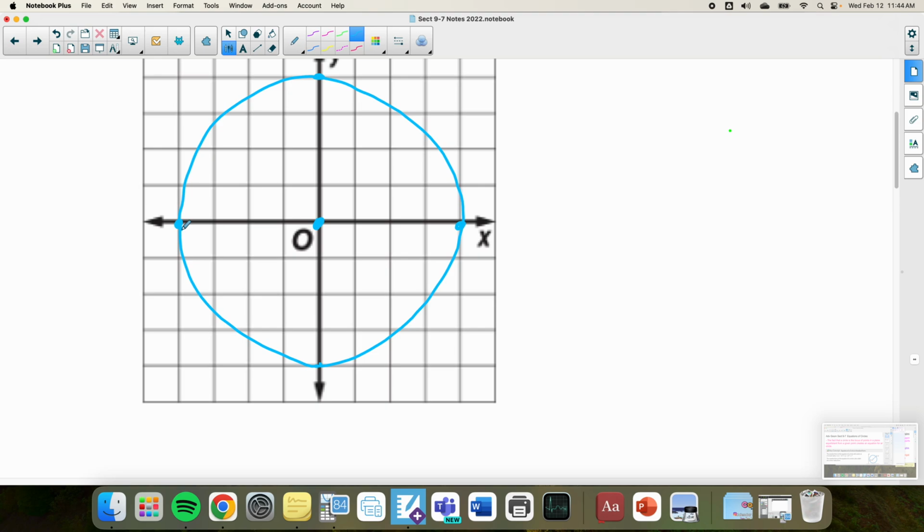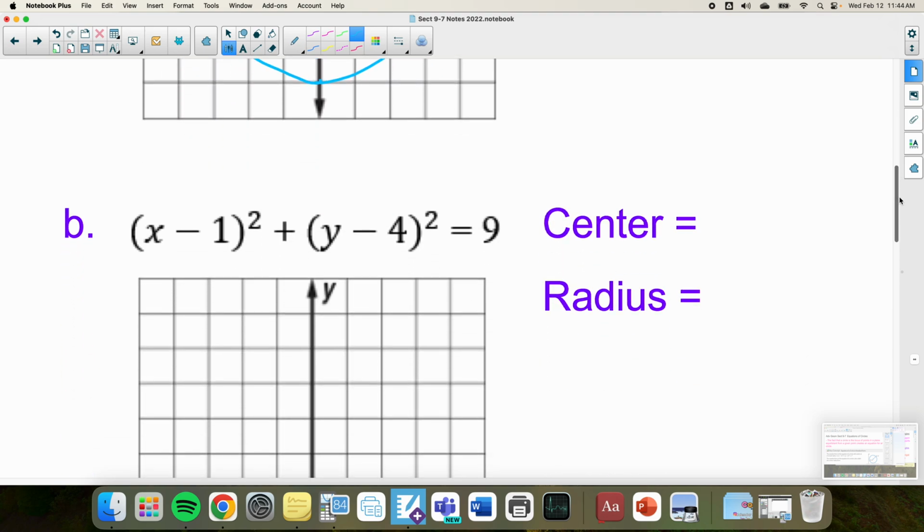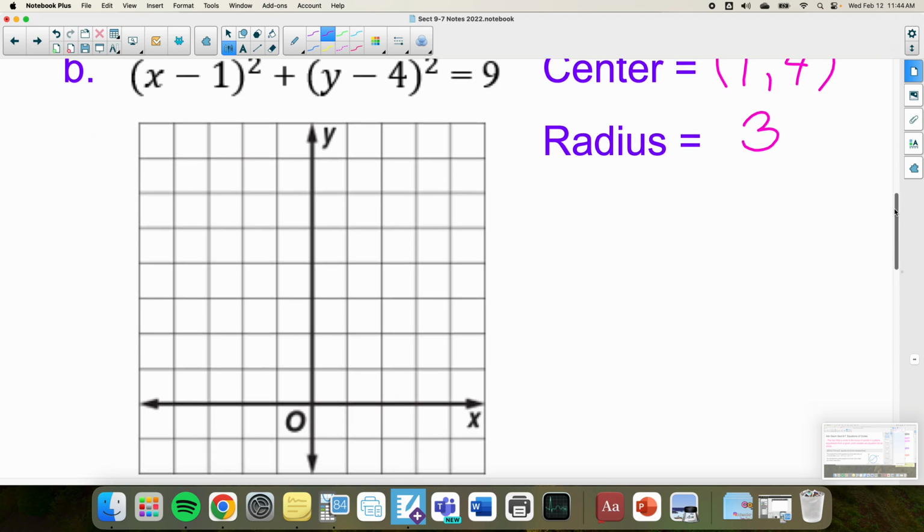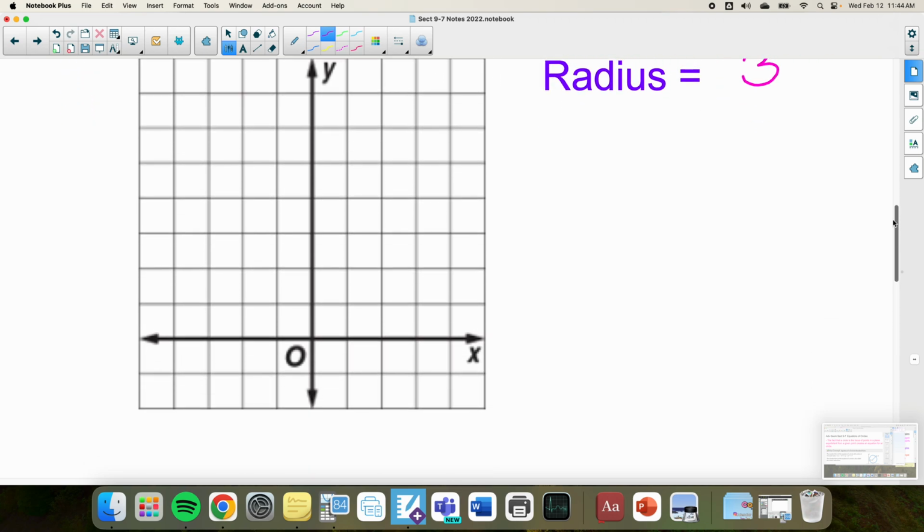When I grade, here's what I look for. I look that you have the center dot, and I look for these 4 things. If this looks like a diamond, I'm not too worried about that. Okay? All right, now if I look at this one, what is my center? 1, 4. Very good. And the radius is 3. Very good. So I'm going to go to my graph.